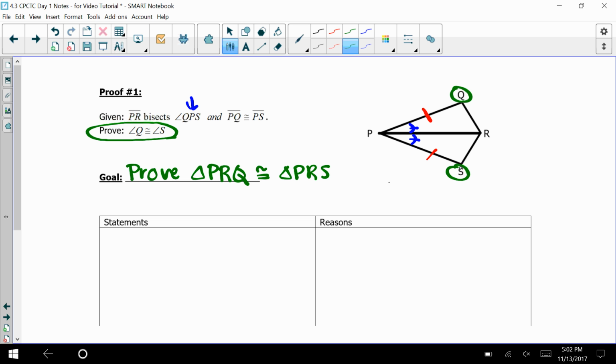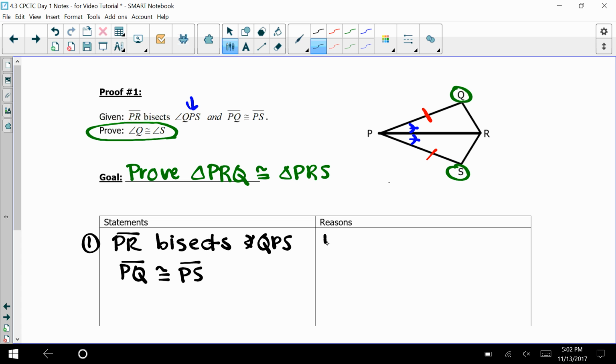So let's start this proof. Let's write down our given. Let's see how this will look. So we have PR, this segment bisects angle QPS. And we know PQ is congruent to PS. Okay, so that's our given. But from our given, we see we have these angles in here that are being broken up, the big angle being broken up.